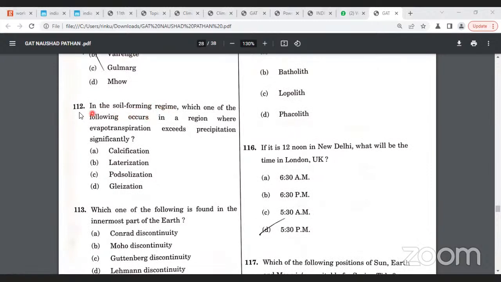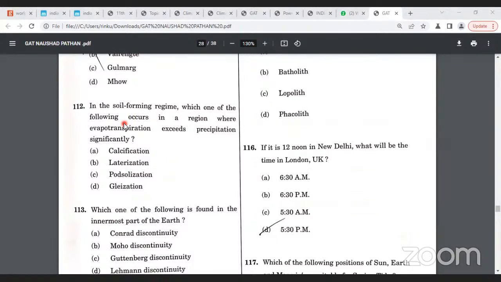In the soil forming regime, question 112: which one of the following occurs in the region where evapotranspiration exceeds precipitation? If evapotranspiration exceeds precipitation, the soil is losing more water than gaining it, which will lead to dry soils.